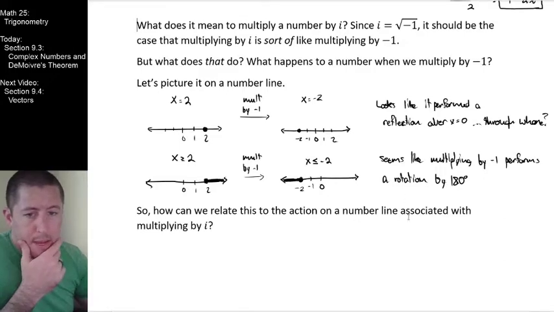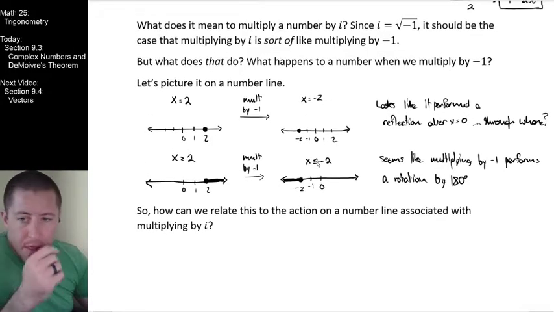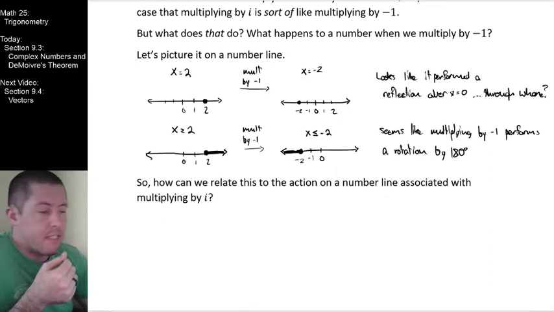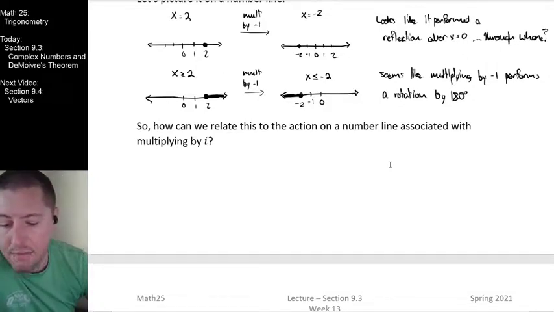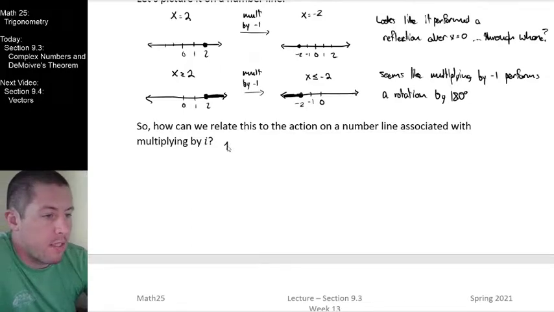So here's what I'm thinking to myself. What if this is how we think of multiplying by an entire -1? Then we should realize that i, being the square root of -1, should be only 1/2 of one rotation. The important thing here is that i is the square root of -1, and the other way to write a square root is a 1/2 power.